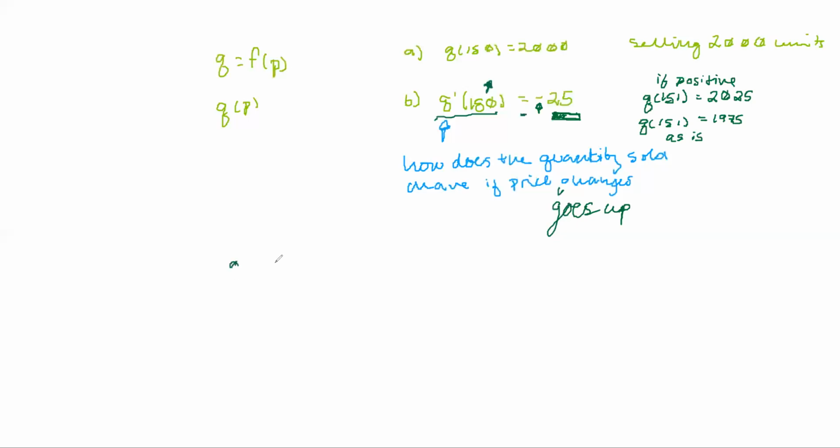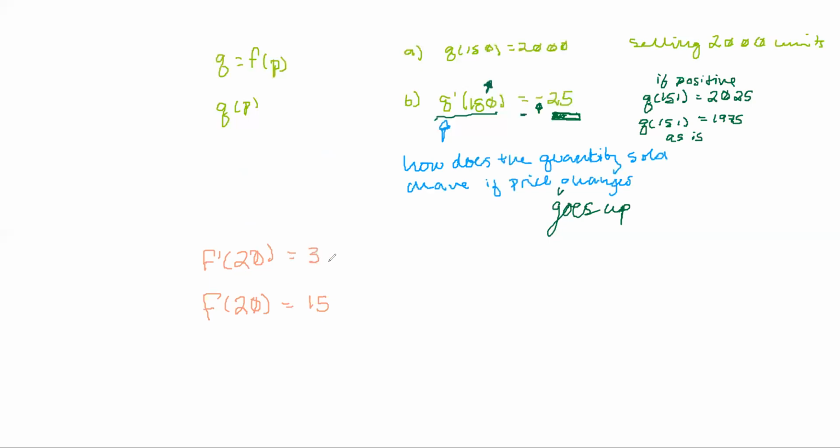This is a different problem, so I'm going to use completely different variables so I don't confuse you by using the same ones. I am going to say if f of 20 is equal to 15, and then f prime of 20 is equal to 3.